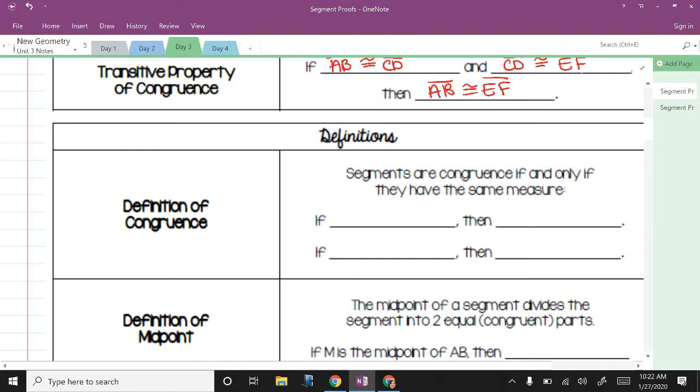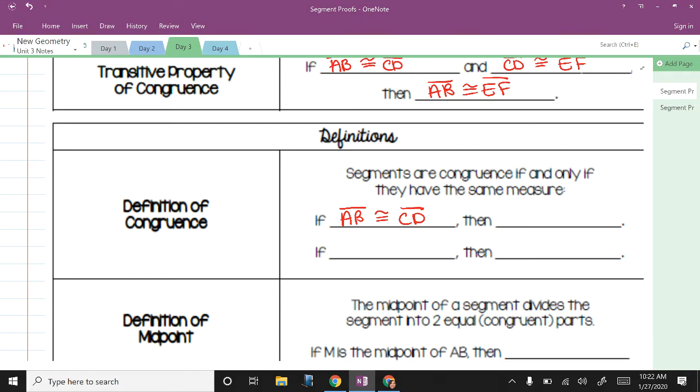Now remember I said a while ago that we say objects are congruent and their measures are equal, right? So the definition of congruence says if segment AB is congruent to segment CD, then that means they have equal measures.